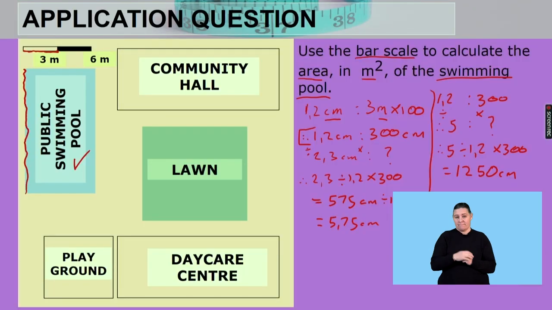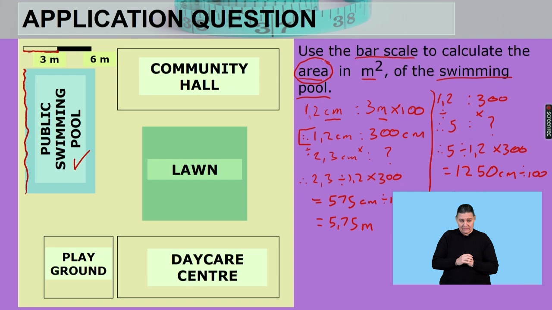Again, like before, we divide by 100 because we need everything in meters. You spotted that should be meters. So we divide that by 100, and then 12,5 meters.